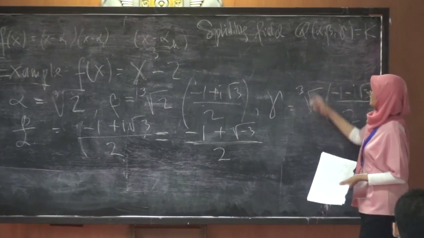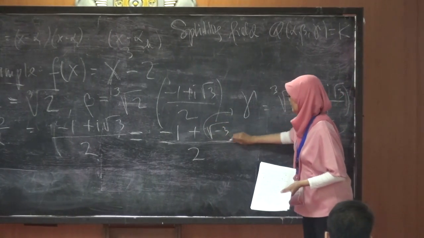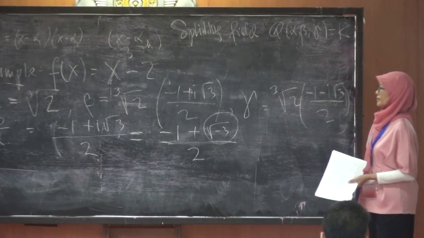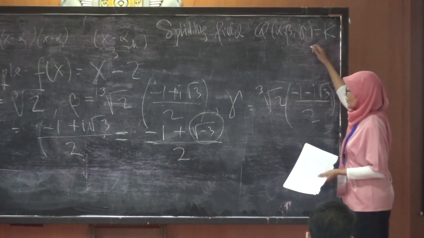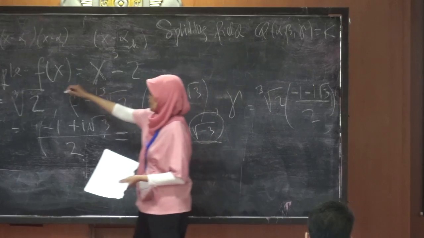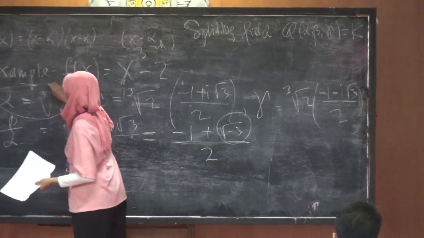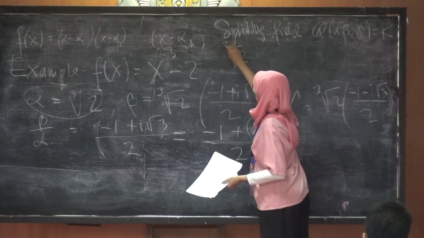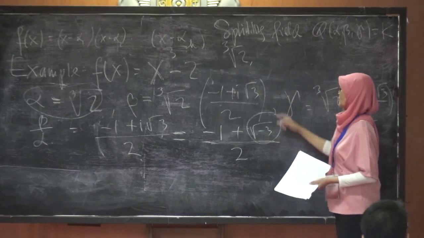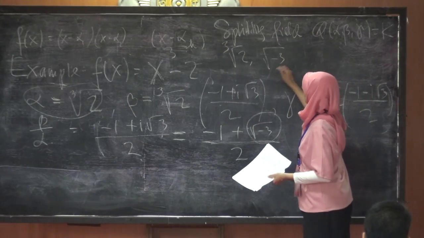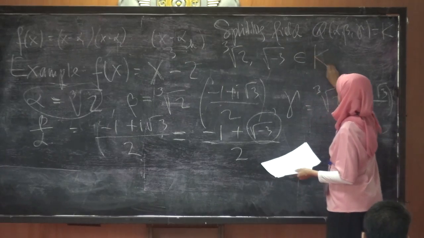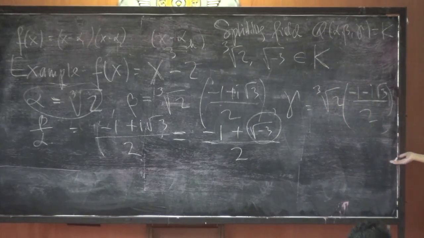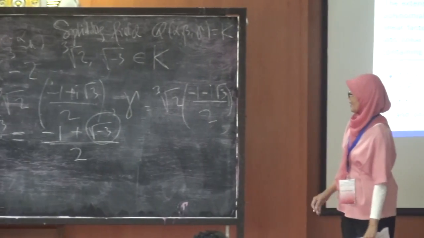So you know that this field should contain this part. This field also should contain this alpha. So alpha and this one, square root of minus 3, should be contained in K. So far you understand, I hope.